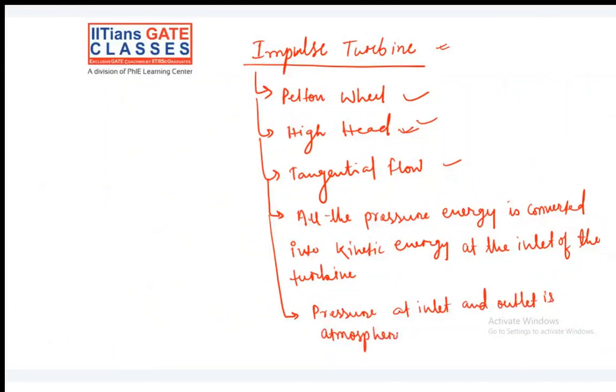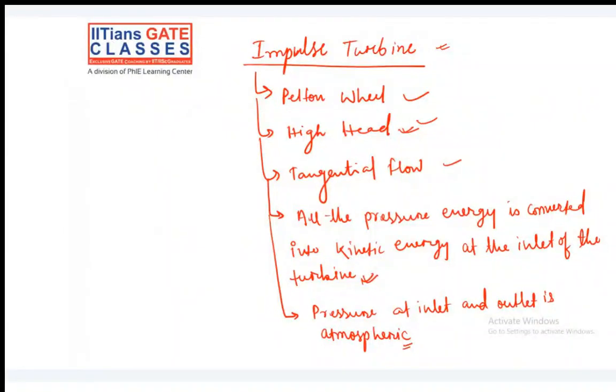Then my meaning to say is that if I am having atmospheric pressure at inlet and outlet, then whatever change the turbine is able to do is not due to pressure change, but due to the impulse generated by this kinetic energy.